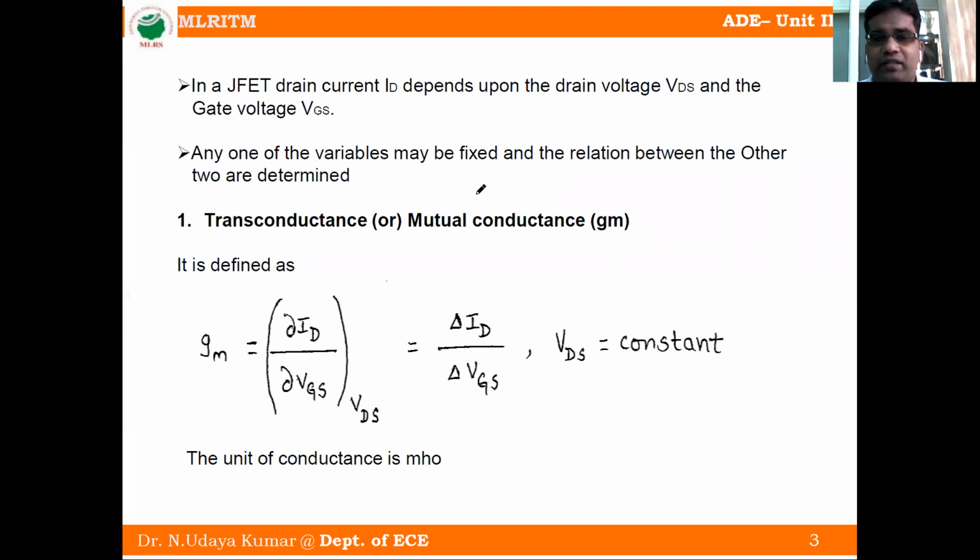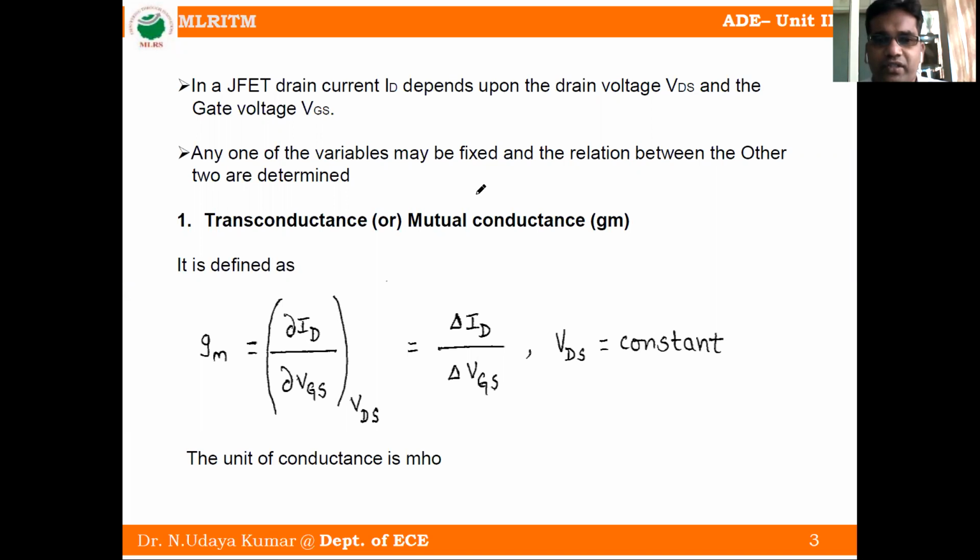Among these three parameters, we have to fix one parameter so that we can find the relationship between the other two.